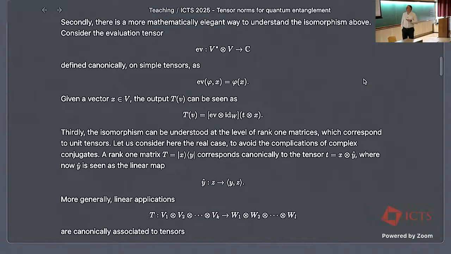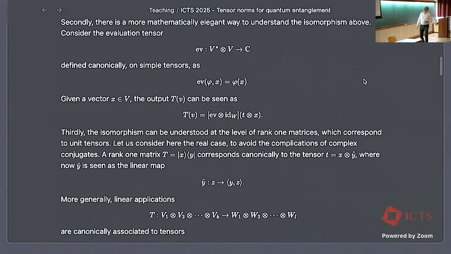So this element y in V, I associate it to the linear form y hat, which, using the scalar product, takes a vector z and gives you the scalar product. So this is how you associate to a vector y a linear form y hat using the scalar product. And then you can associate this capital T to a two-tensor T. Later, when I tell you about this graphical notation for tensors, this will become even more transparent.